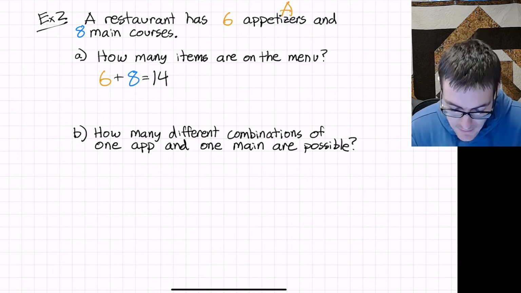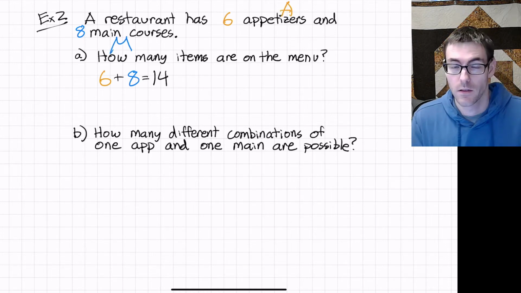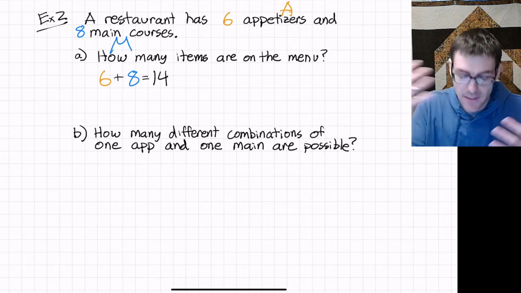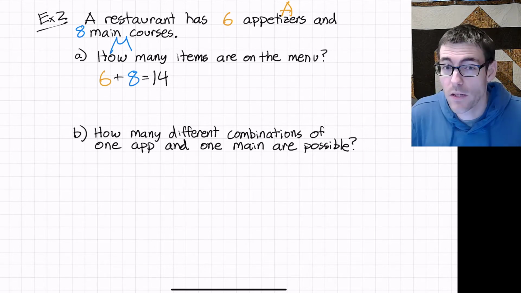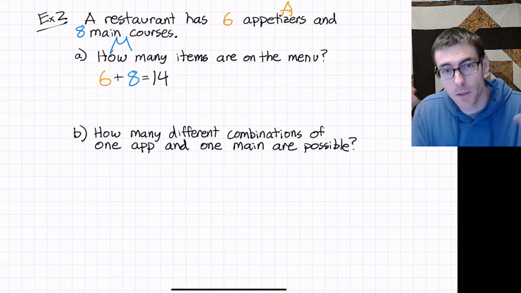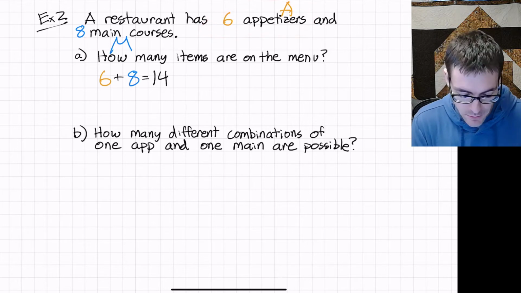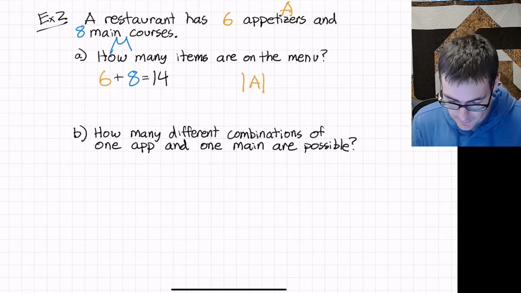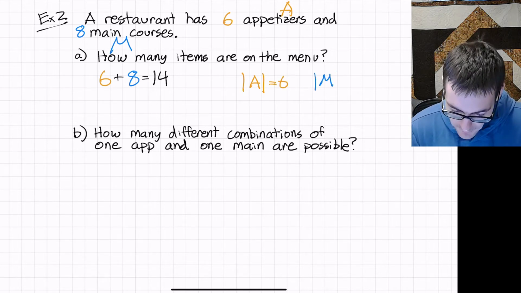If A is the set of appetizers and M is the set of main courses, then in order for this logic to hold, we need A intersect M to be empty. This is a question that we can just do in our head, but a way of notationally keeping track of what's going on, if again we call A the set of appetizers, then the size of A, the magnitude or the cardinality of A, is equal to 6, while the cardinality of M is 8.